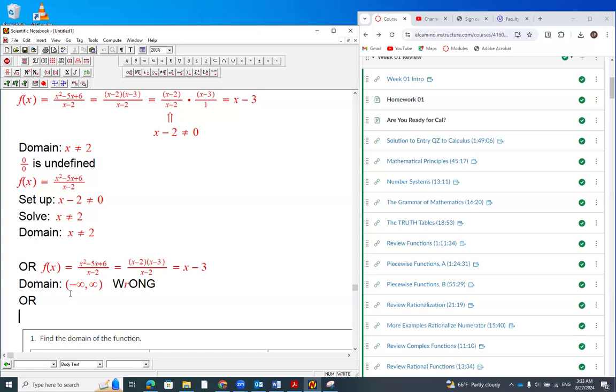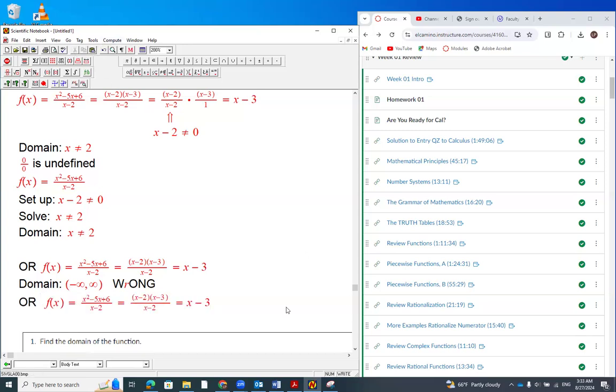Or another version, you say, okay, I'm going to do this, because I just like to factor. And then if you write it this way, you can attach something like this, telling the reader that you can only do this if this is true.